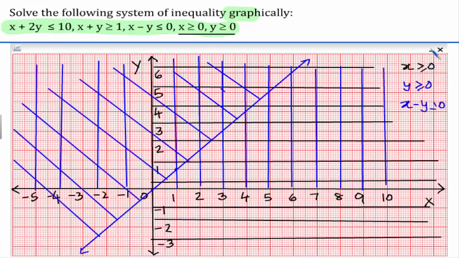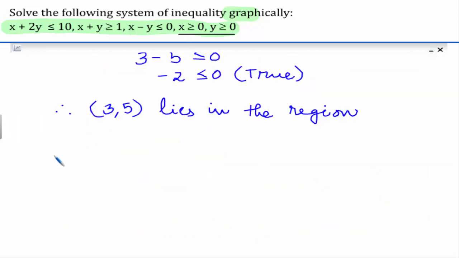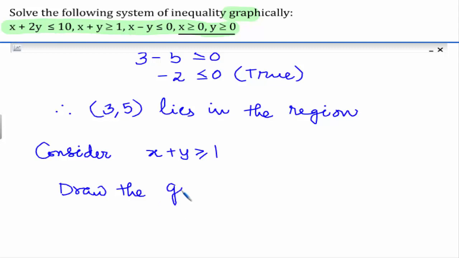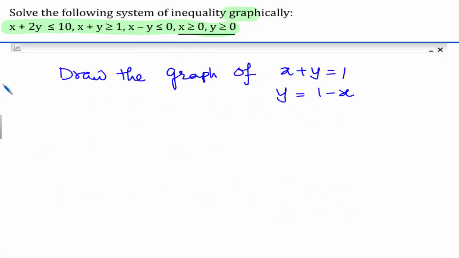So now let us select another inequality, that is x plus y greater than or equal to 1. We need to draw the graph of x plus y is equal to 1, that is y is equal to 1 minus x. Let us prepare the table to find out the ordered pairs.